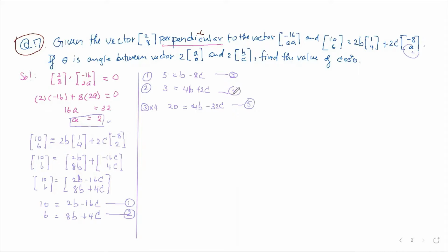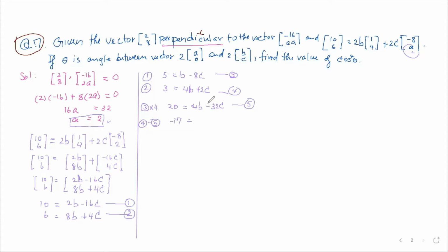Then 4 and 5 eliminate b, so we can get 4 minus 5, or 5 minus 4, up to you, it's okay. So if 4 minus 5, this one becomes negative, so we have negative 17. And 4b minus 4b is gone.